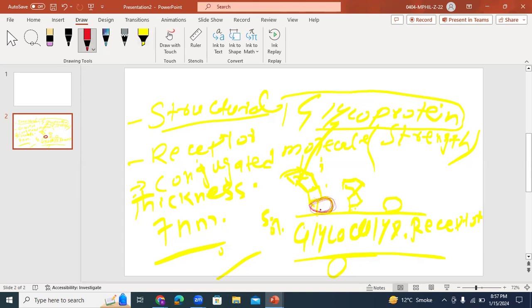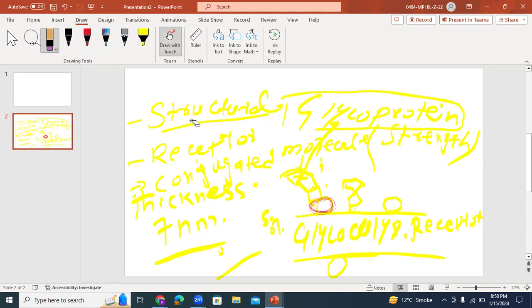And then what is glycoprotein? Another term we can learn here is glycolipids. Can you differentiate glycoproteins and glycolipids? Glycolipids will have fat molecules, so there will be lipids, and those lipids will be conjugated with carbohydrates.